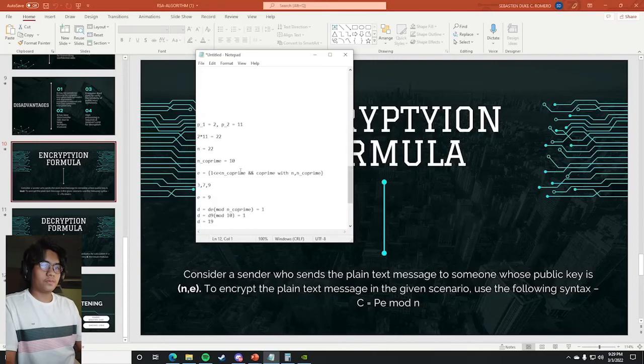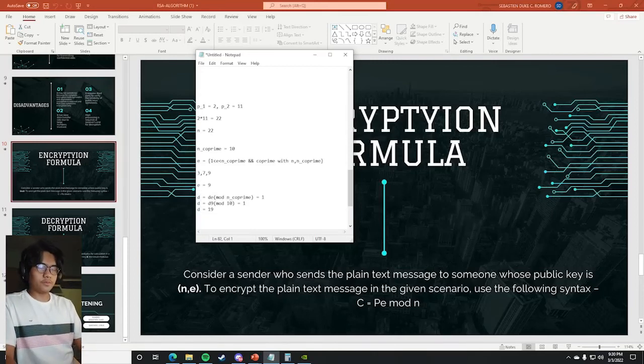Moving on, we have the number of coprimes. The number of coprimes is (P1 minus 1) times (P2 minus 1).